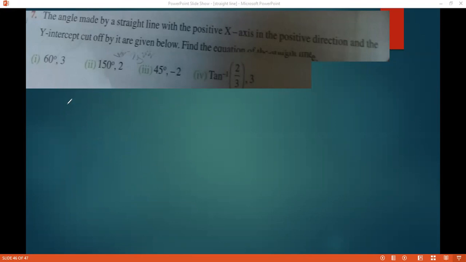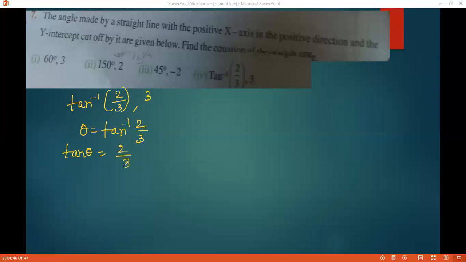Tan inverse 2 by 3, comma 3. So here theta is directly given as tan inverse 2 by 3. So we have to calculate tan theta. If you take tan on both sides, tan inverse 2 by 3 means only 2 by 3 we will get, right?